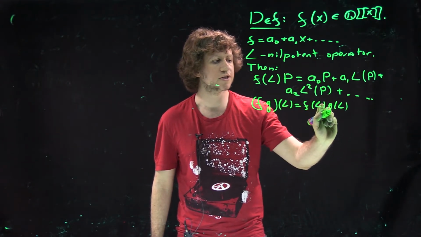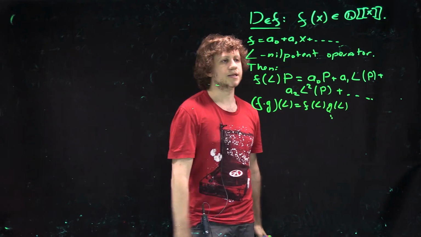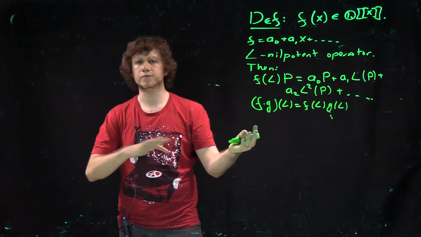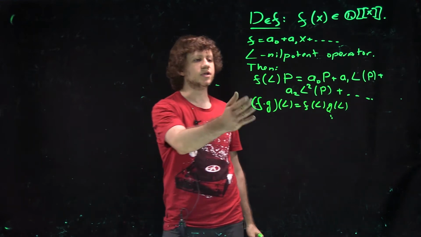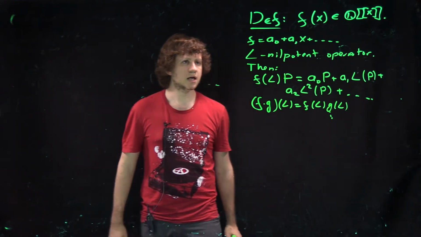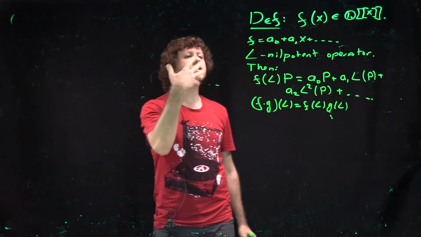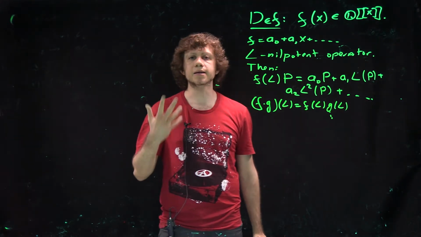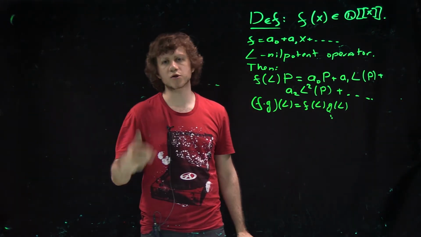All the usual properties apply, just because it is really easy to see that powers commute with each other, and so that's pretty straightforward. One can do that. So there is this interesting notion, plugging nilpotent operators into power series.